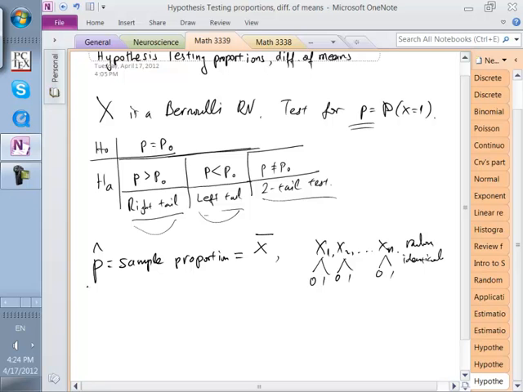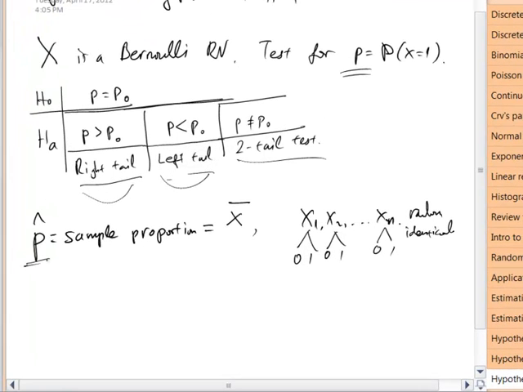So that's why x bar is equal to the sample proportion: the number of those variables that turned in the value 1 among the sample of n. That's called the sample proportion.